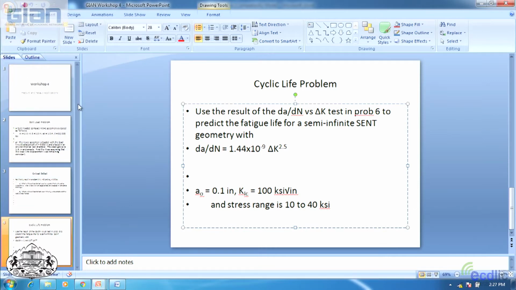So you need the initial crack size. You need the K1C to get the final crack size.